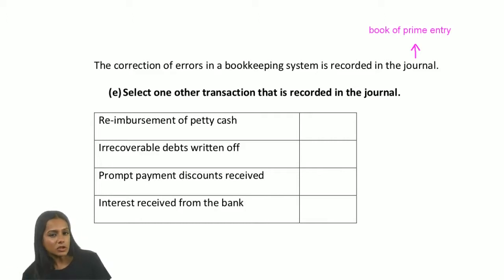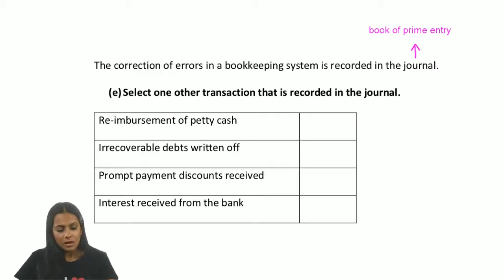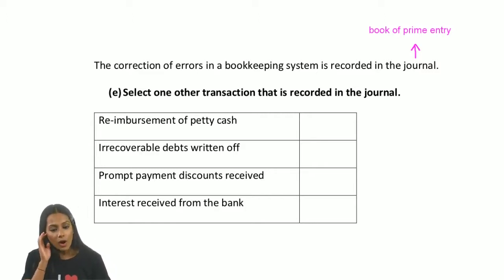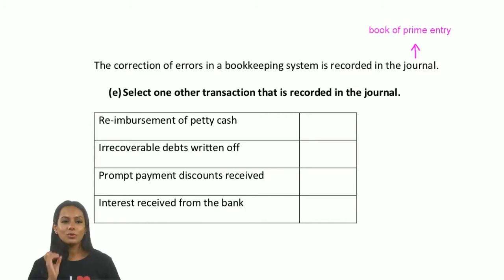But the individual amounts in each of the books of prime entry will then be transferred to either the purchases ledger, known as the payables ledger, or the sales ledger, which is known as accounts receivable or the receivables ledger. It's very important that you understand the role each book of prime entry plays. And this here is an excellent way for me to describe where things would appear in the relevant book of prime entry. So, select one other transaction that is recorded in the journal.